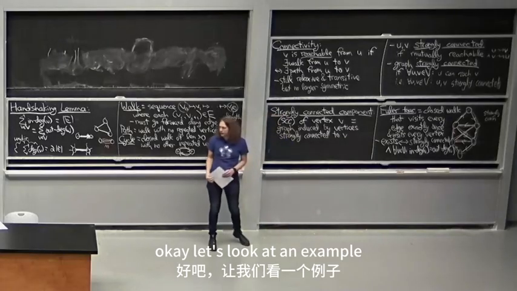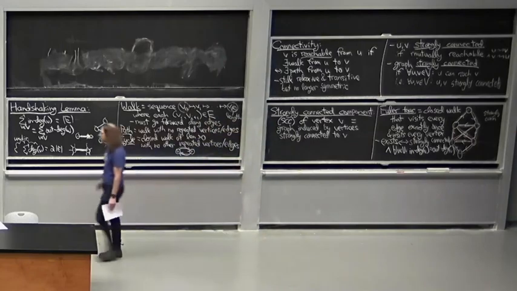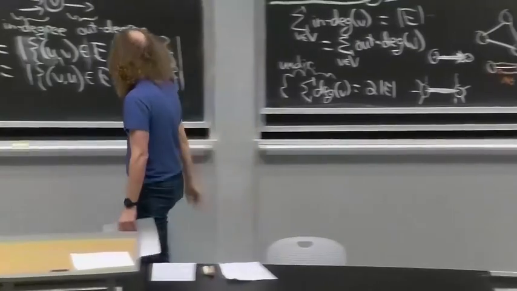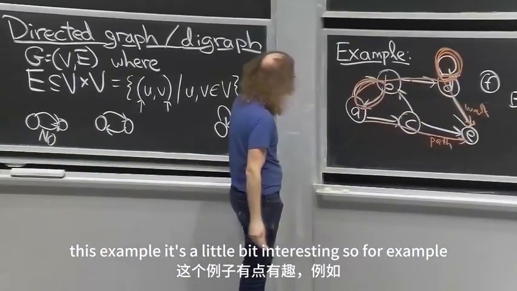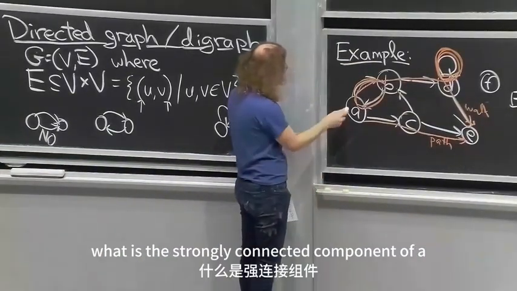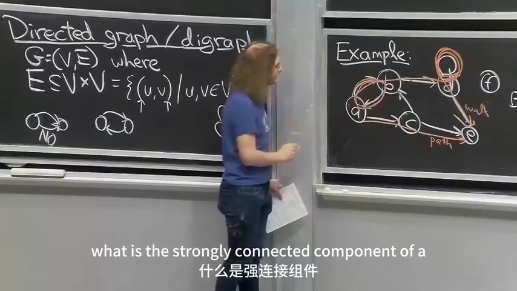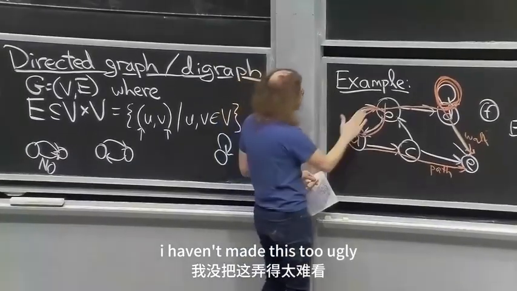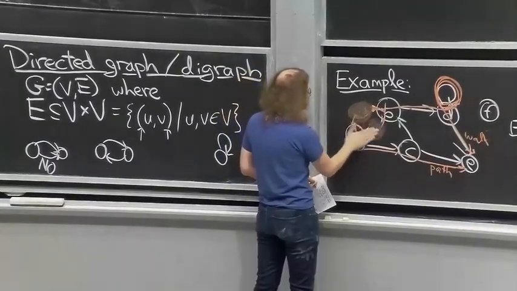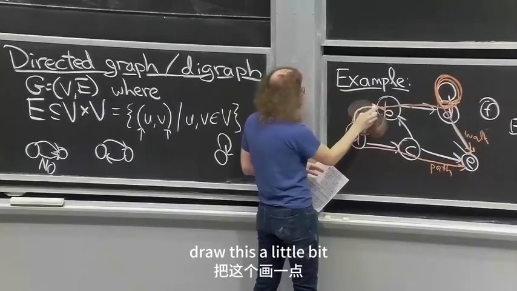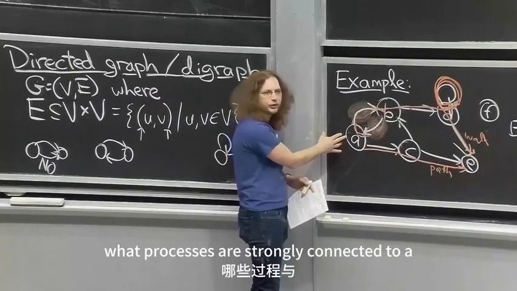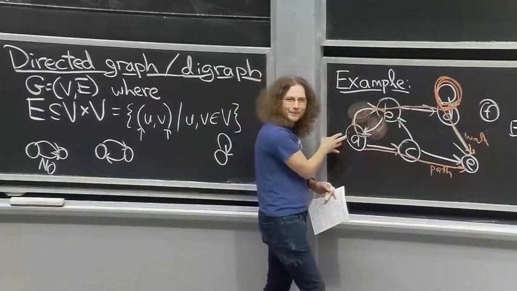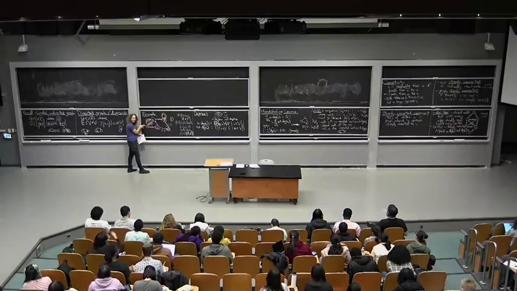Okay, let's look at an example. This example is a little bit interesting. So, for example, what is the strongly connected component of A? Let me redraw this a little bit. What vertices are strongly connected to A? Shout them out.